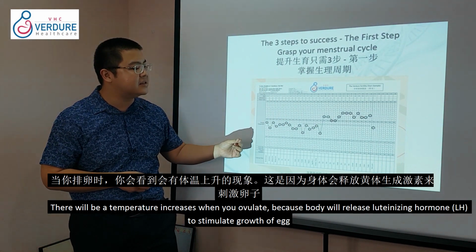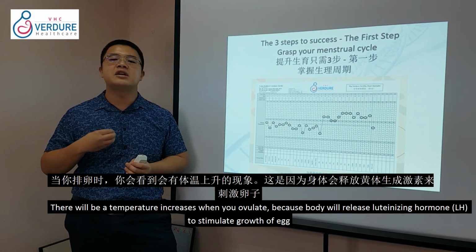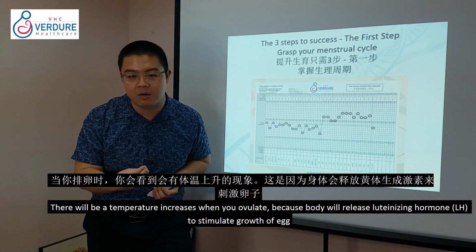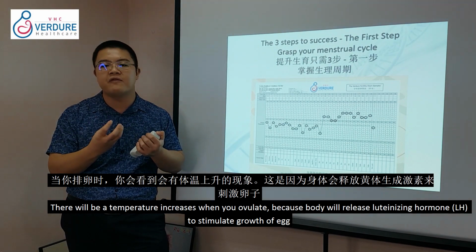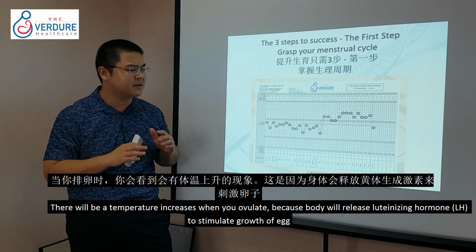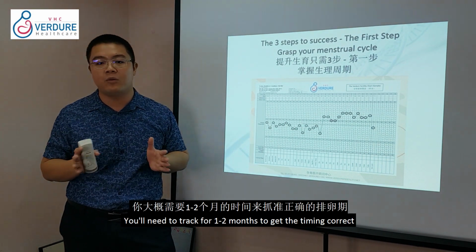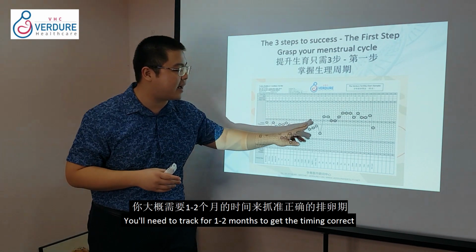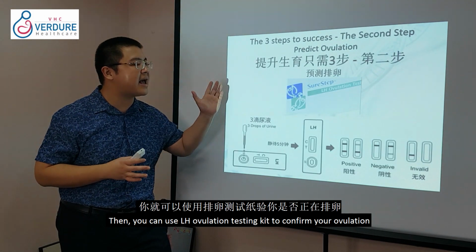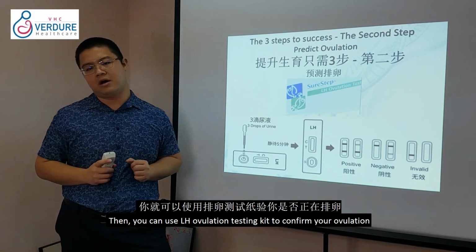When this happens, there will be a slight bump in the body temperature because the body secretes a stimulation hormone called LH, the luteinizing hormone, to stimulate the growth of the eggs. When you spot that, you track this for about 1 or 2 months, and you can pretty much get the timing window. Then the next step is to use the LH Ovulation Test Kit to confirm ovulation.